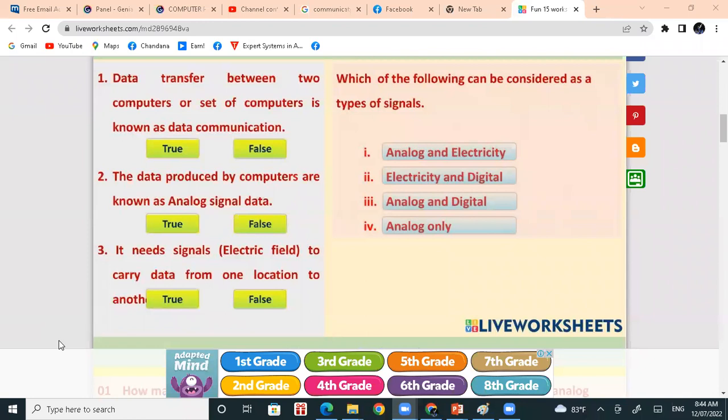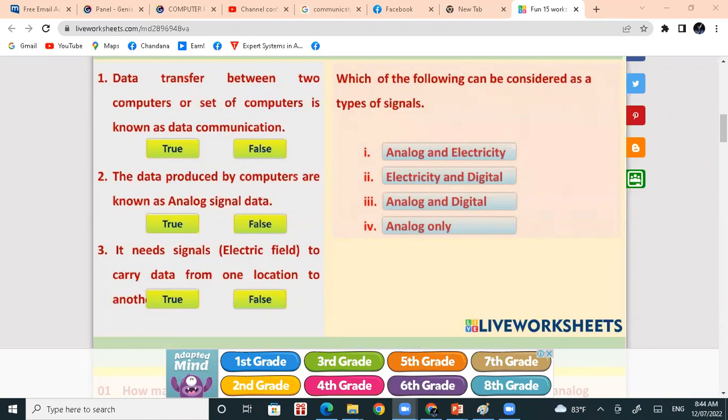I think the time is okay for this slide. Let's get the answers for the questions of this slide. The first one: data transfer between two computers or a set of computers is known as data communication. True or false?